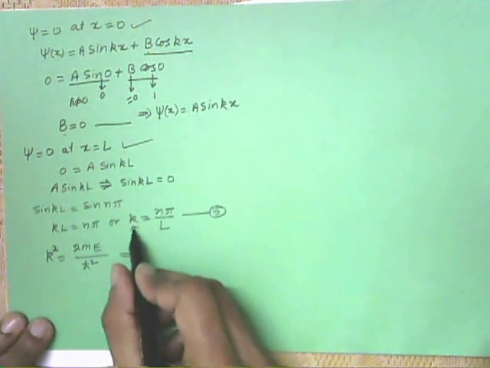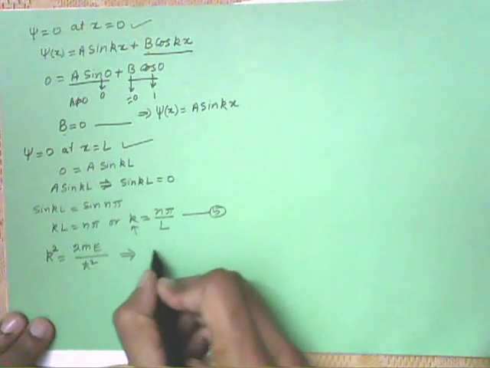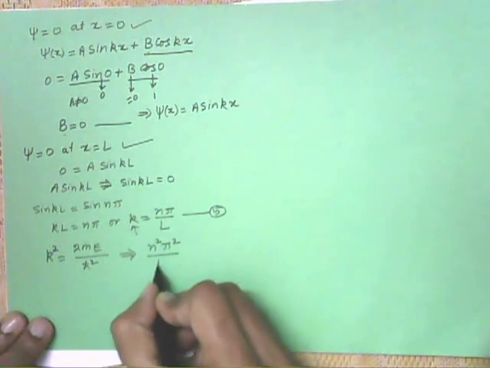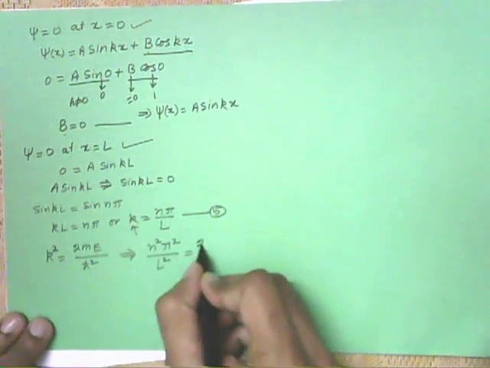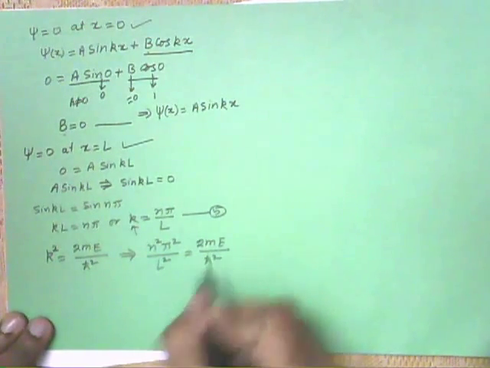Now substituting this value of k into this equation, it becomes n square pi square upon L square is equal to 2mE upon h cross square.